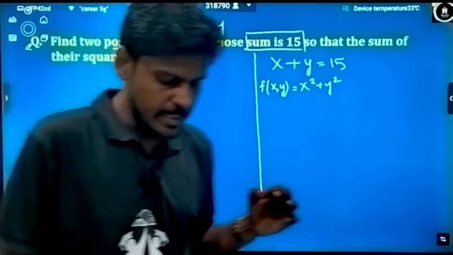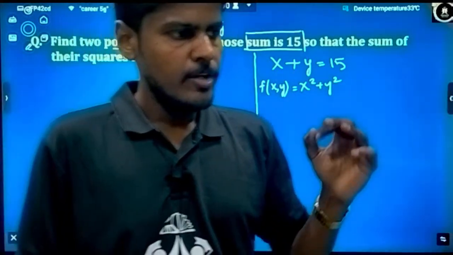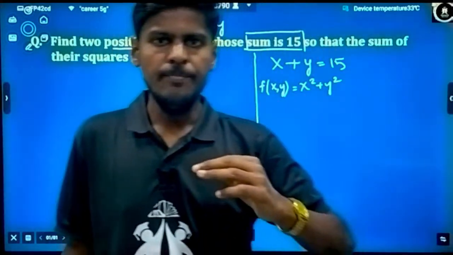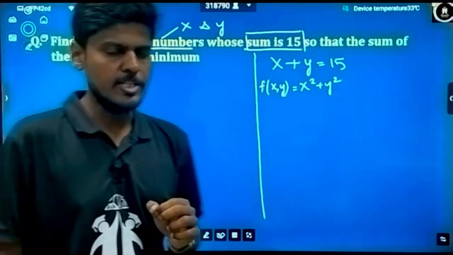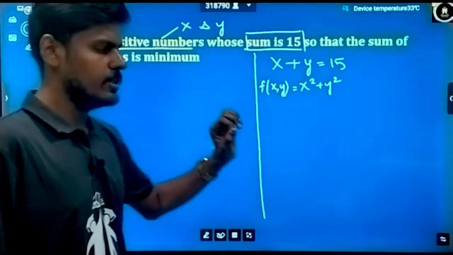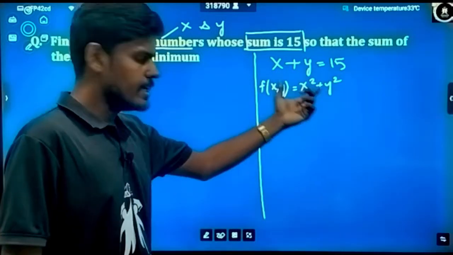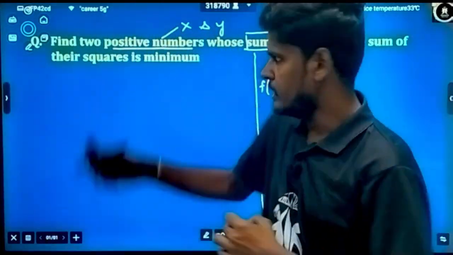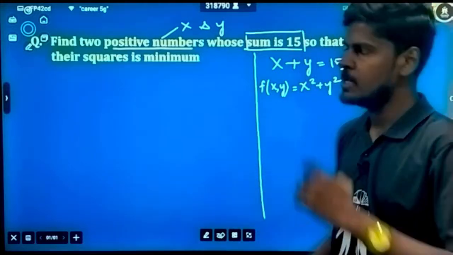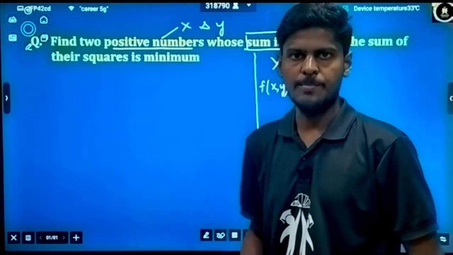We already learned in maxima or minima that for maximum or minimum, the first derivative should be equal to 0 for continuous and differentiable functions.